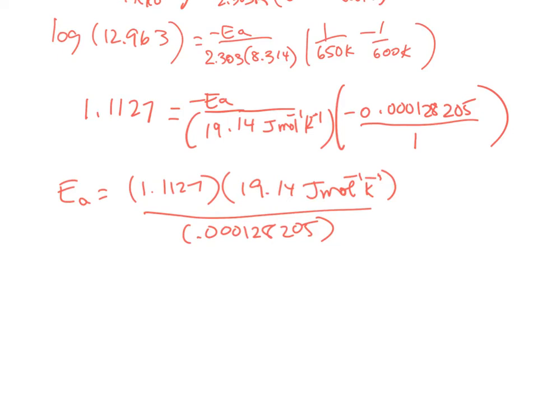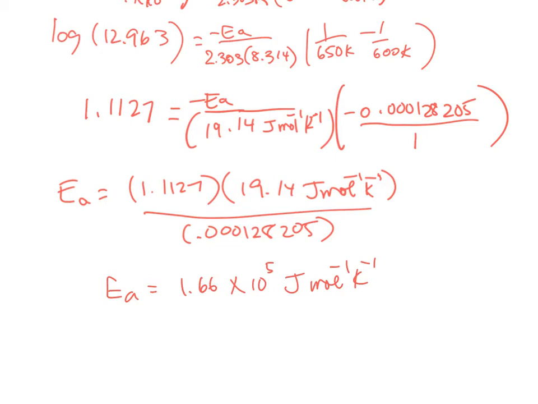Times 1.1127 times 19.14, and then divide by 0.000128. You get EA of 1.66 times 10 to the 5th joules per mole. All right, that's the activation energy.